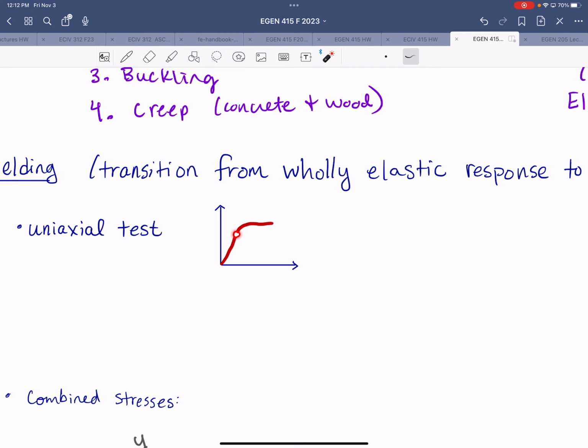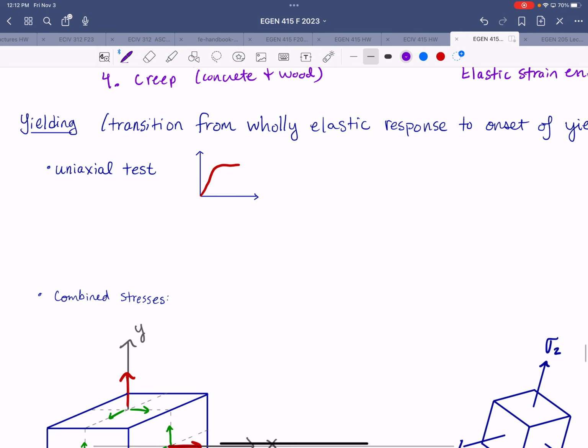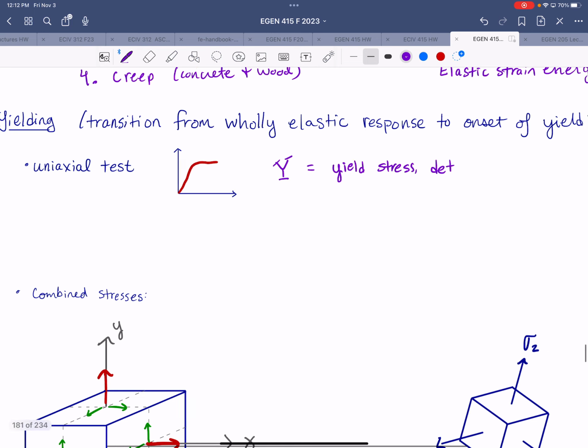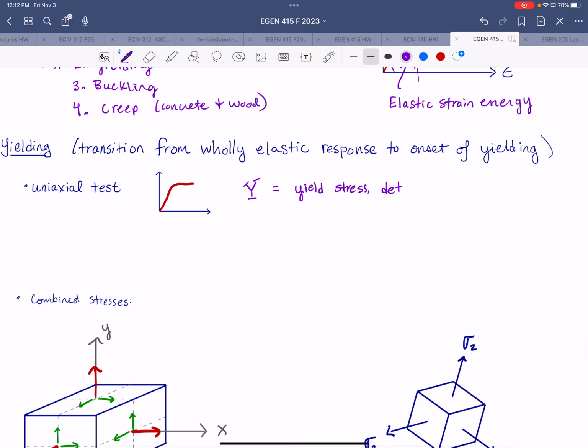It will be a specific point, it's just where that line starts to deviate from being perfectly linear. Again, this capital Y I'm using to refer to the yield stress, and that's going to be determined uniquely by experiment, specifically a uniaxial test.